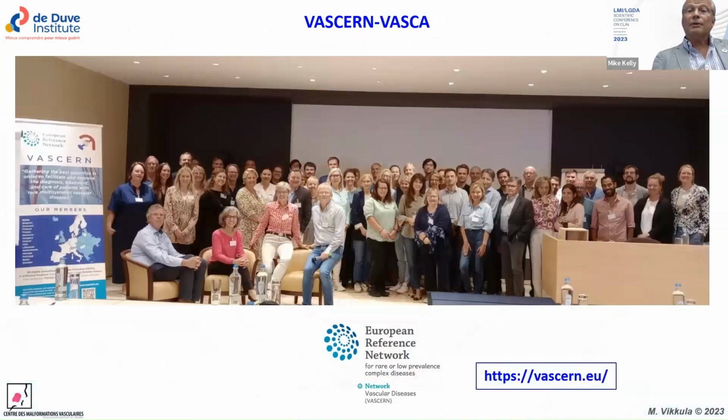And this is our network meeting a month ago, more or less, in Brussels. We were able to have more people from the different centers, and we are now altogether 140 from the same 14 centers only. So we hope that this gives a possibility to more rapidly do basic science, but especially translational and clinical studies in CLAs and other vascular anomalies.